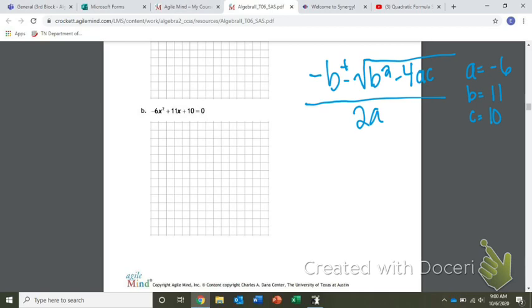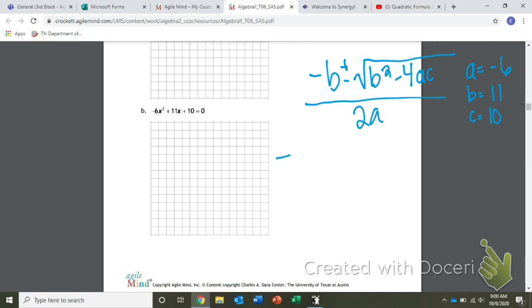So, we have a negative 6, plus minus, well, back up. Start over.